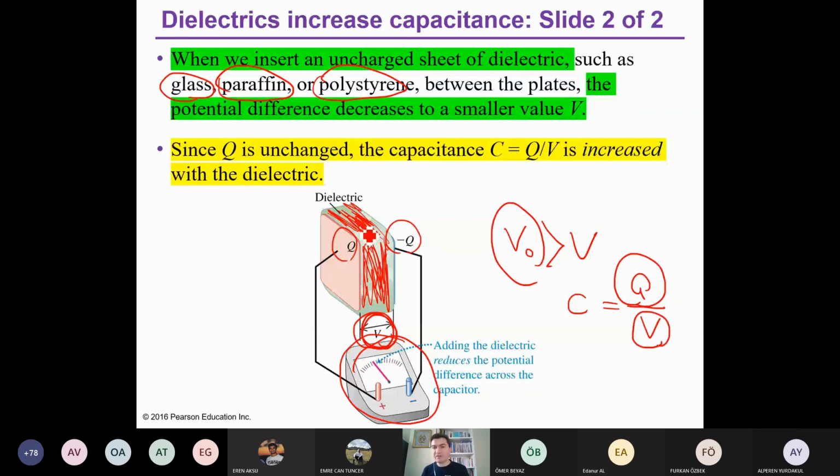If this potential difference decreases, then capacitance increases, okay? So as a result, if you insert a dielectric material between the plates of a capacitor, capacitance will be increased. You will have a much bigger capacitance compared to the initial capacitance without dielectric material.